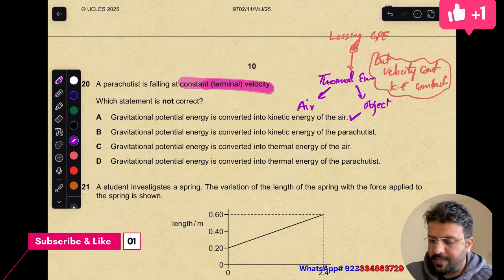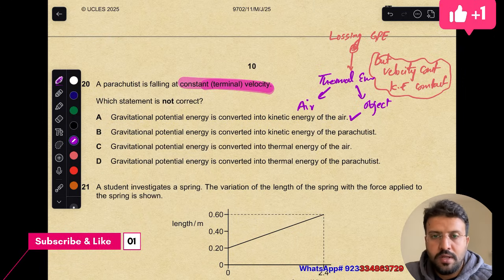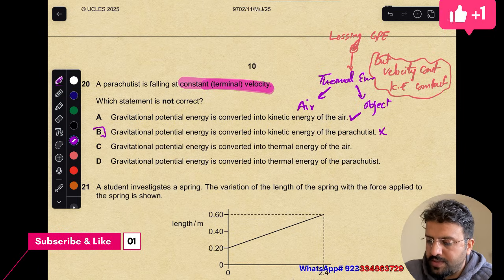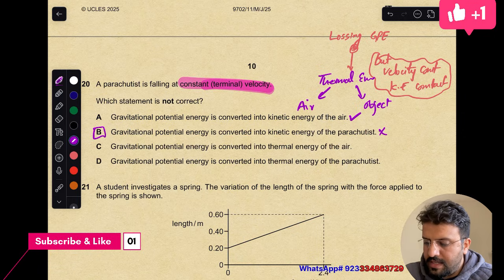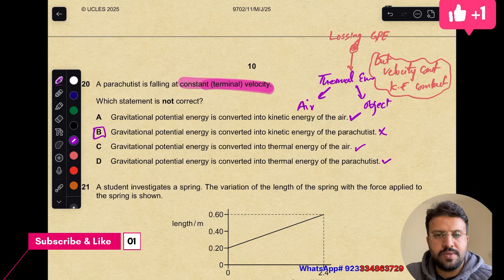So this statement is true. In B, gravitational potential energy is converted into the kinetic energy of the parachutist. No, the parachutist has a constant velocity, so that is the incorrect option. So we have to choose the incorrect, right? In C, gravitational potential energy is converted into the thermal energy. Yes, this was true, and this D is also.